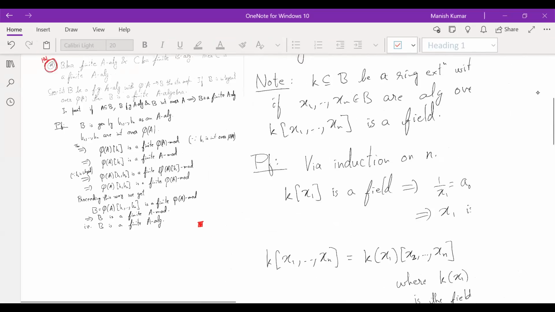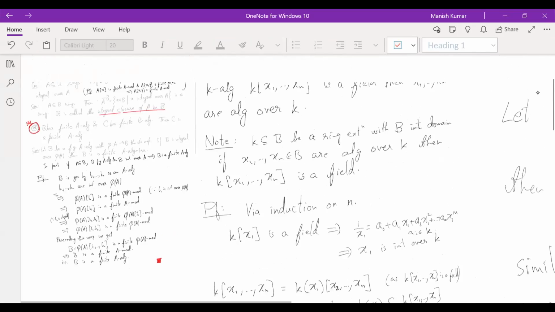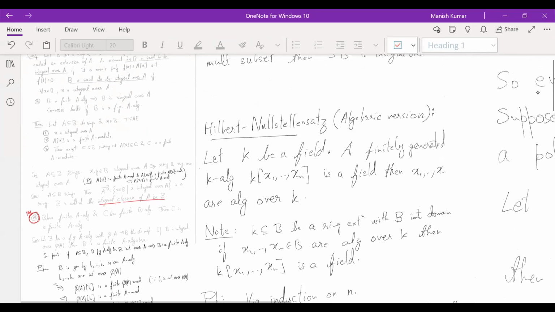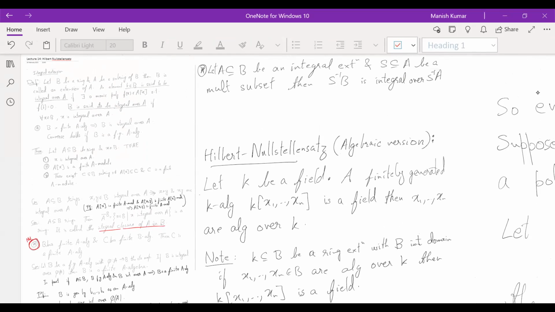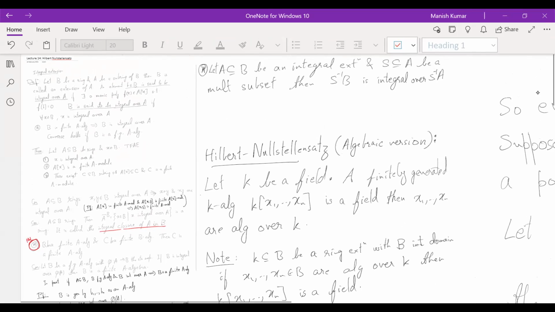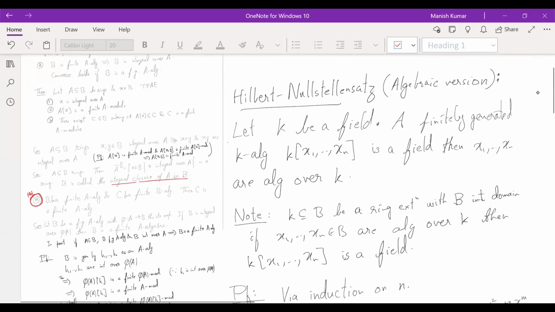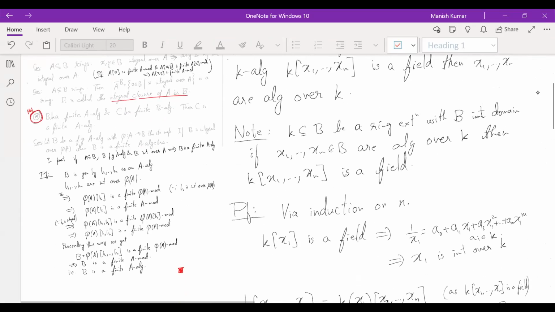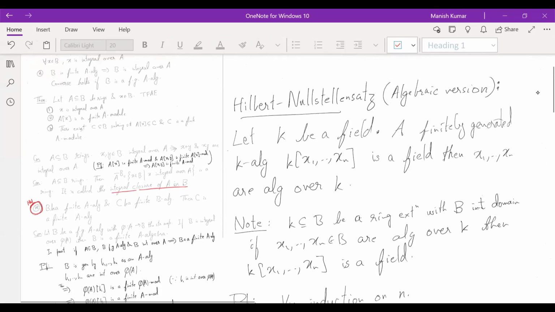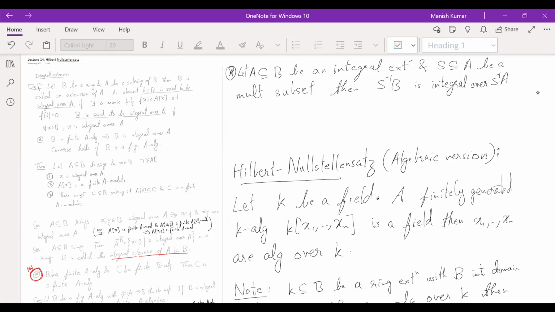So these are... I haven't really done any examples, thinking that you may have seen them in number theory. So maybe we'll do some examples.